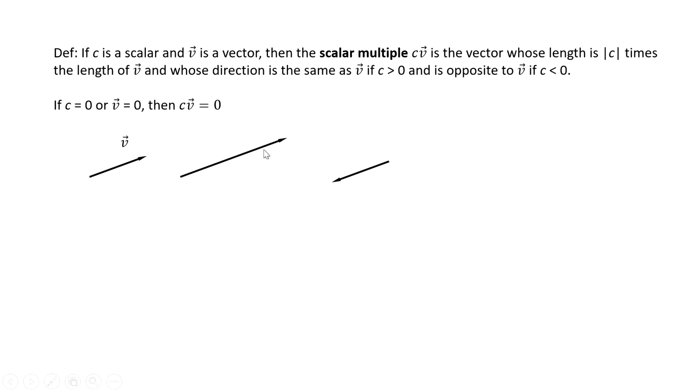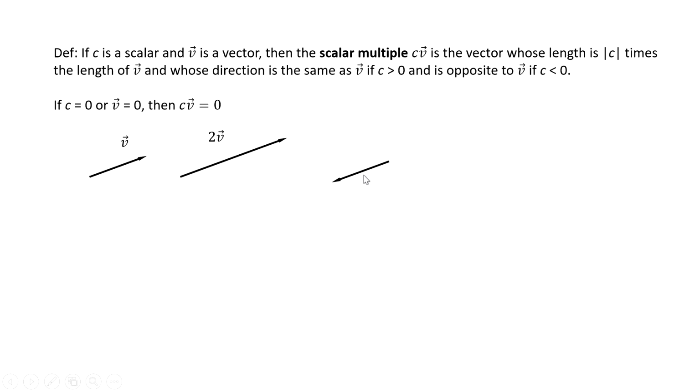But the length of this vector is twice as big as V. So what should we call this vector? According to the definition of scalar multiple, because this vector has double the magnitude of V, that is C equals 2, this vector is 2V, right? Its direction is the same. Magnitude happens to be twice the magnitude of V. So this is 2V. As simple as that.